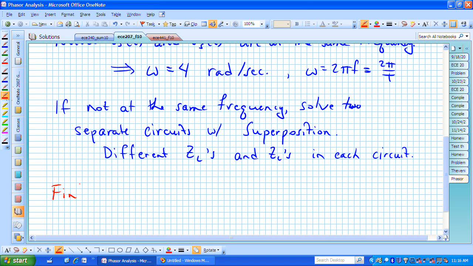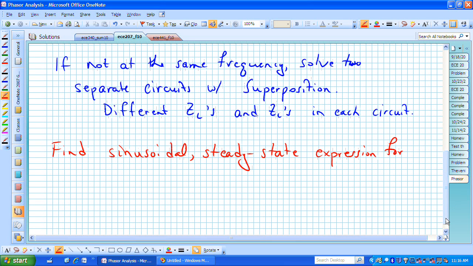We're wanting to find, in this particular problem, a sinusoidal steady state expression for I sub 0 of t.